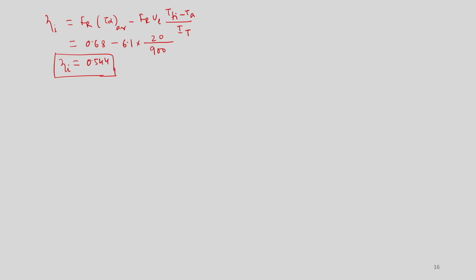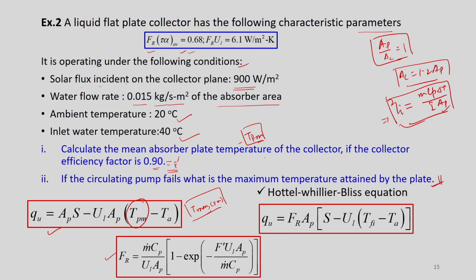We can also find out what will be the TFO. Once we know this instantaneous efficiency, we know eta I is m Cp TFO minus TFI divided by AP into I. If you substitute all those values, this will be 0.544, and m is given here. It is something like m by AP, which is given as 0.015 kg per second per meter square.